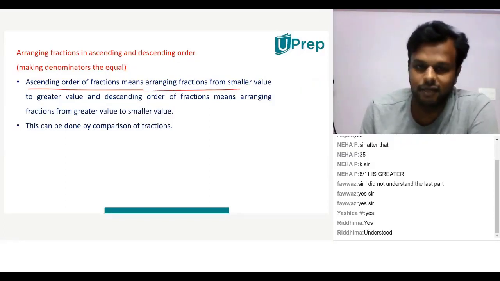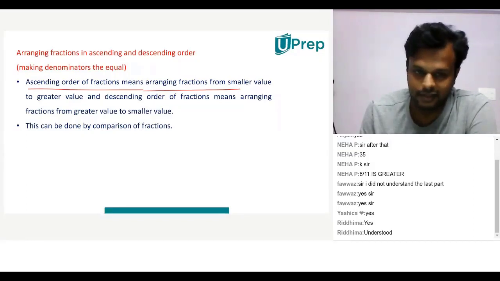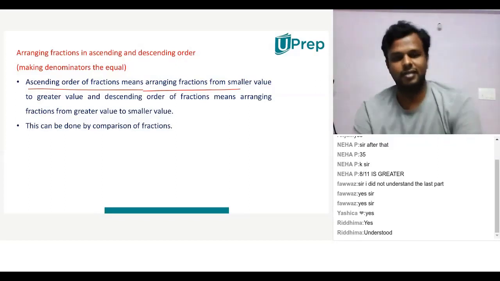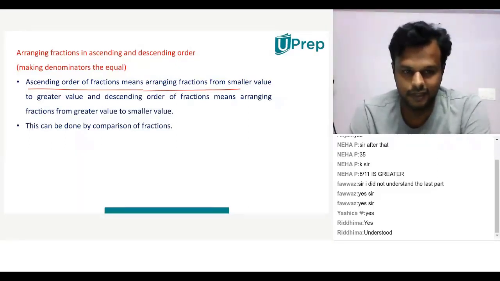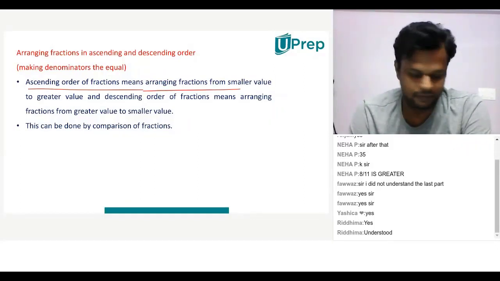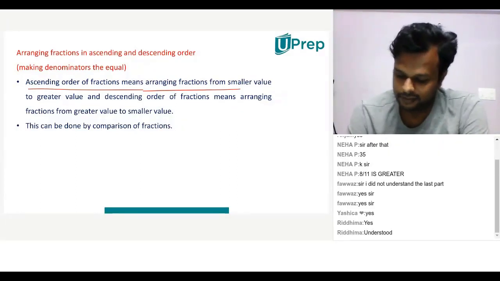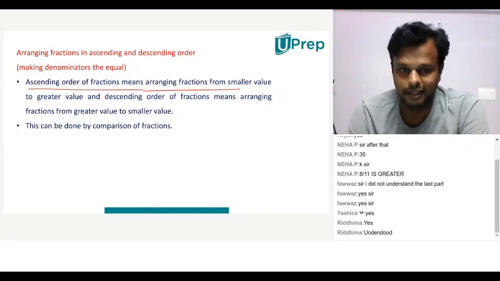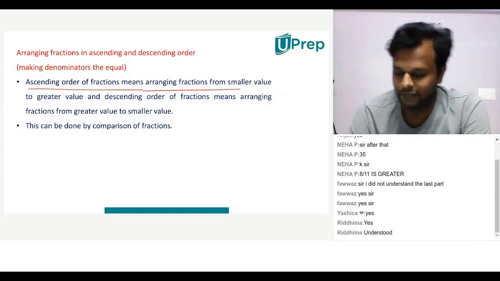So once we know how to write the fractions as like fractions by taking the LCM, it is easy for us to solve, isn't it? So that is how we compare. Ascending order of fractions means arranging the fractions from smaller to greater value, and descending order means from greater to lower.